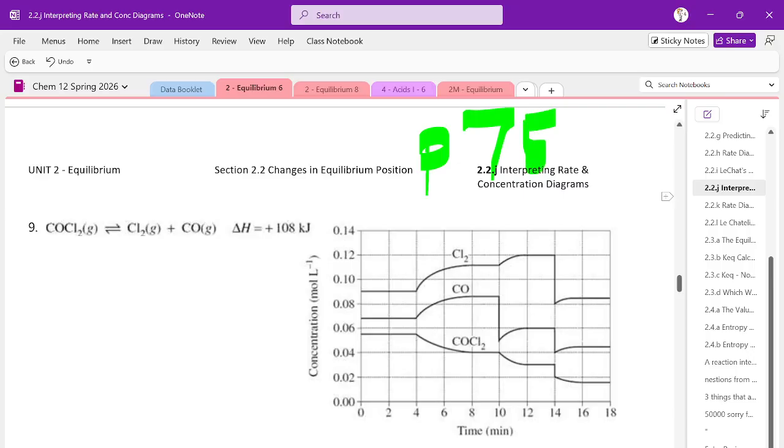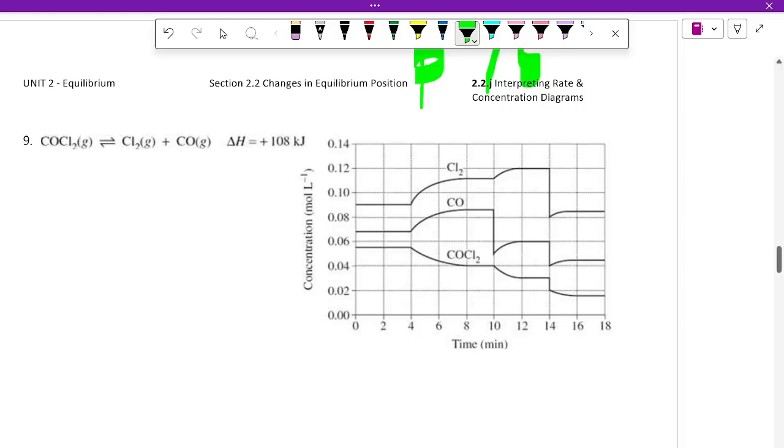We are at equilibrium, and then we had a stress that caused no spikes. What was the stress if there were no spikes? That was temperature.